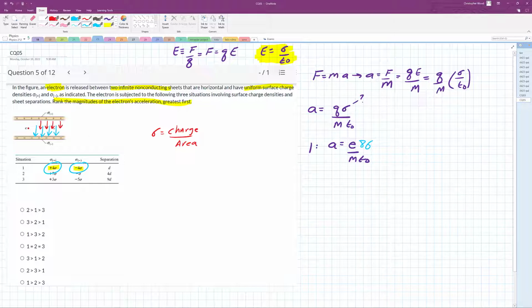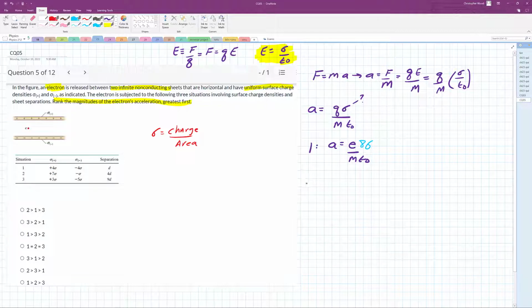Again, I'm just drawing 4 field lines emanating out from that positive plate, and all I'm worrying about is the middle region, what's going on between the plates, because that's where the electron is. I don't care what's happening here or here.